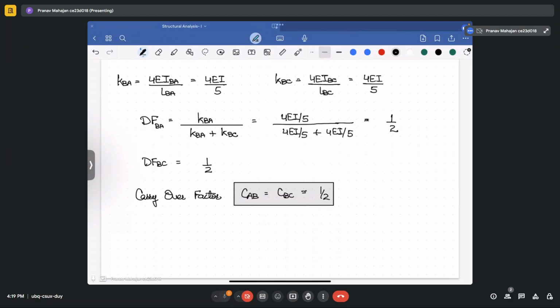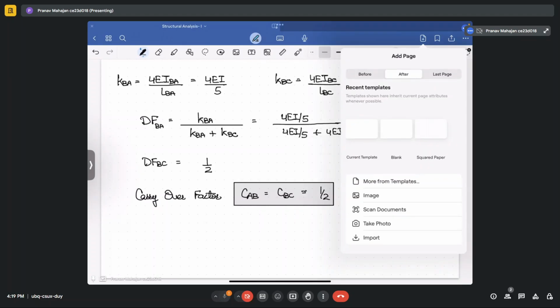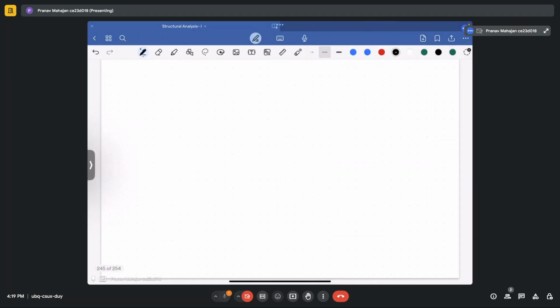So what are the steps you are required to follow to solve any problem? Step one is calculation of fixed end moments.